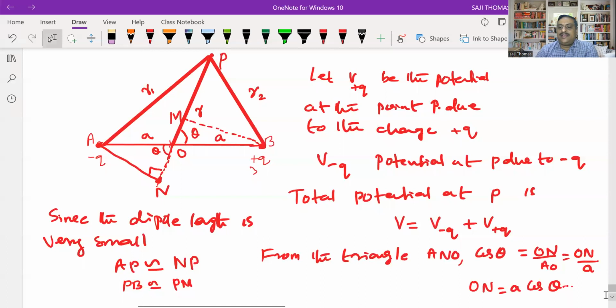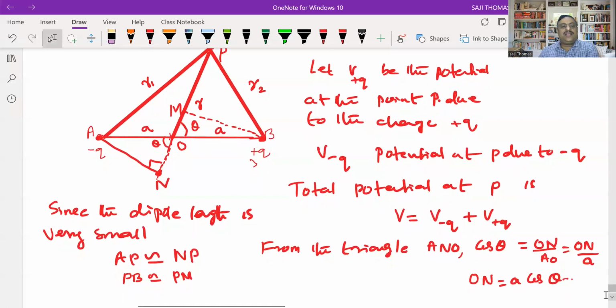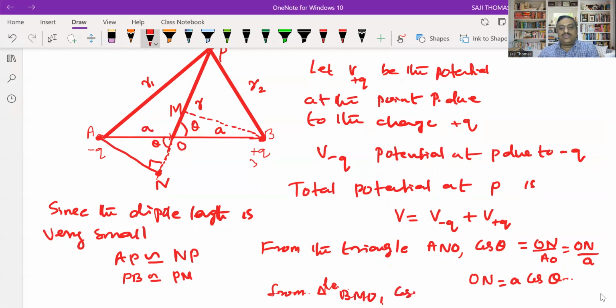In the same way, consider the triangle BMO. Cos theta is OM by a.